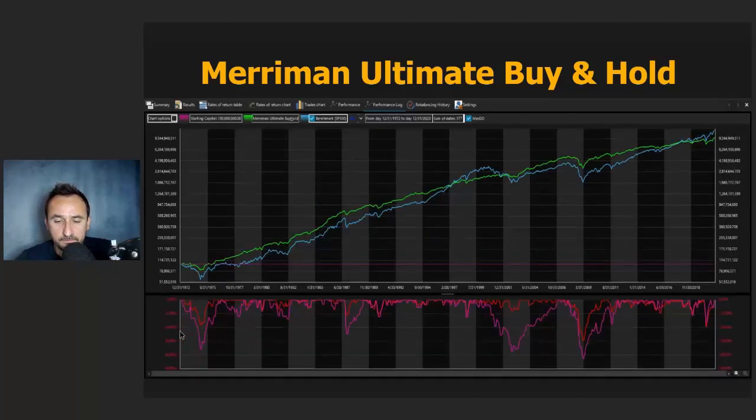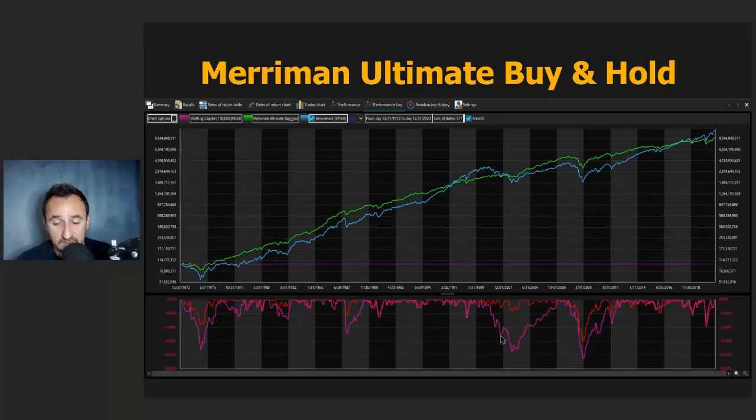I mean the return. And here we can see in the green line the ultimate buy and hold portfolio, whereas in the blue line we see the S&P 500. This is the value, the equity line, and below we see the drawdown, and in the red line we see the drawdown of ultimate buy and hold, whereas in purple we see the S&P 500.